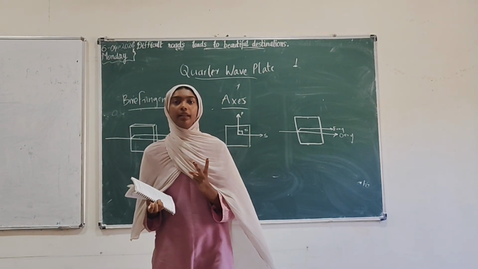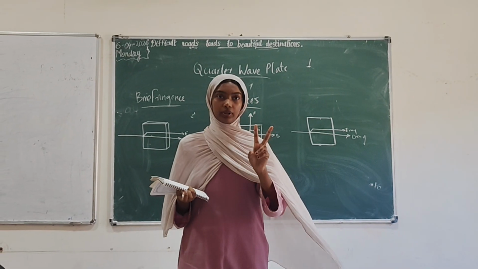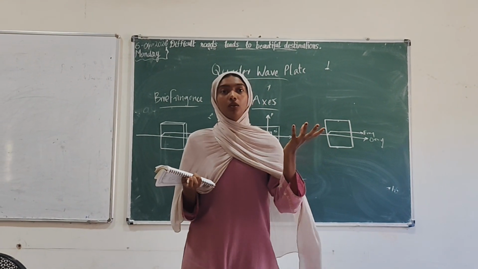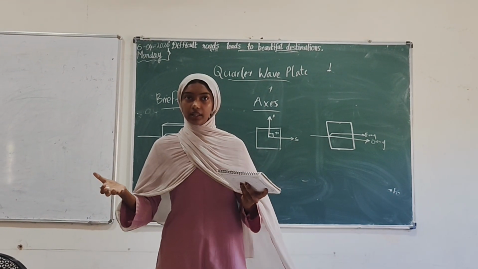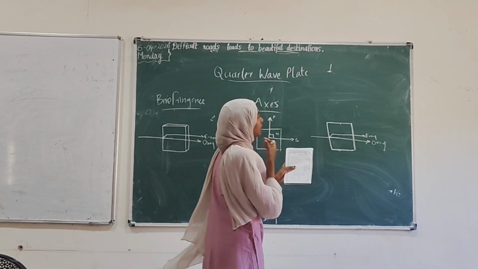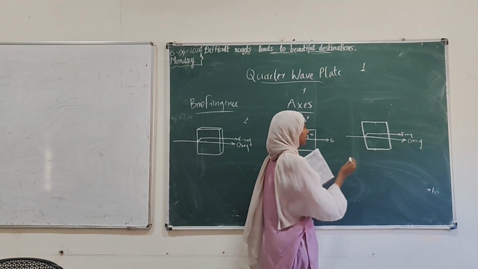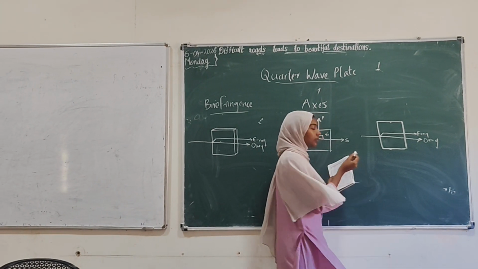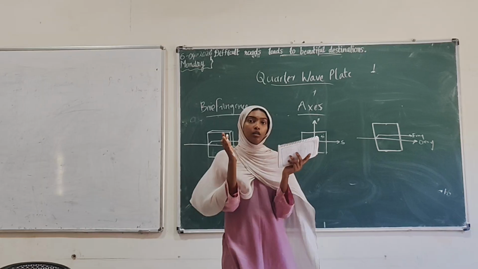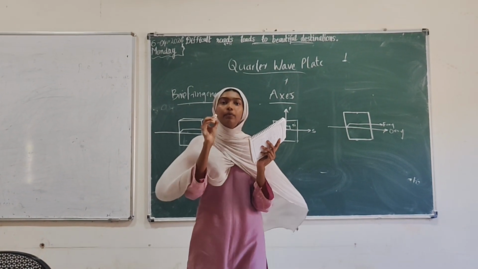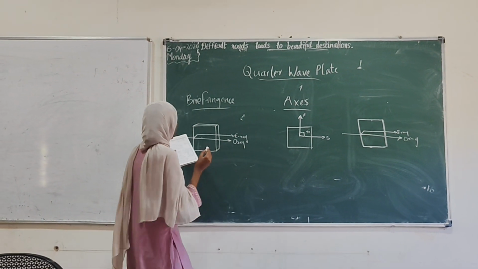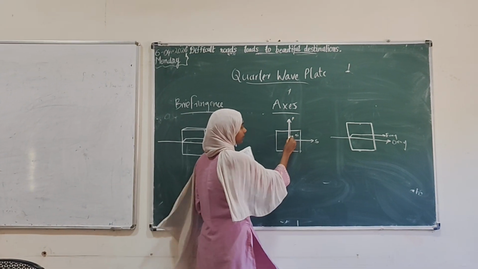In quarter waveplate output, there are two outputs: one is circular polarized light and the other is elliptical polarized light. So to get an output of circular polarized light, the input light should be at 45 degrees with the axis. Axis is like the fast axis.